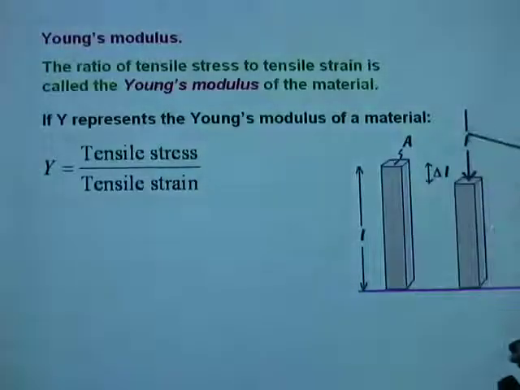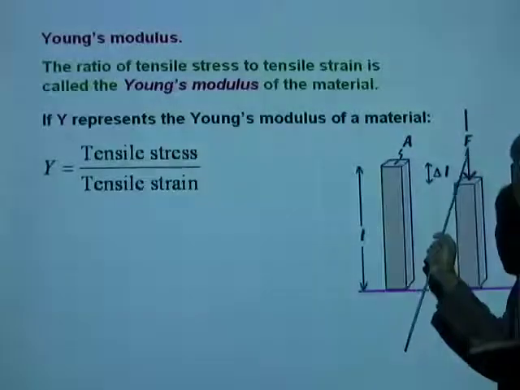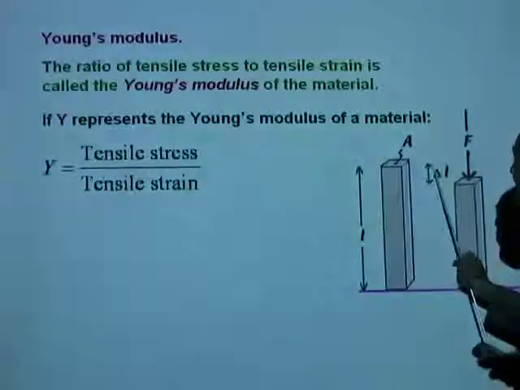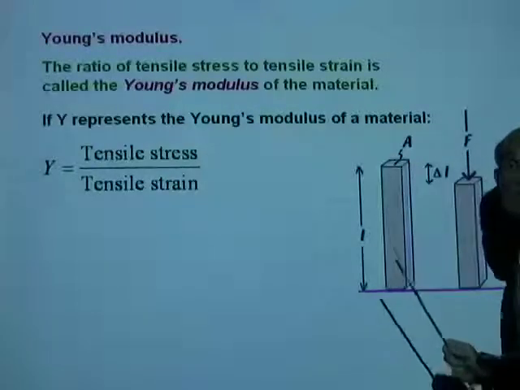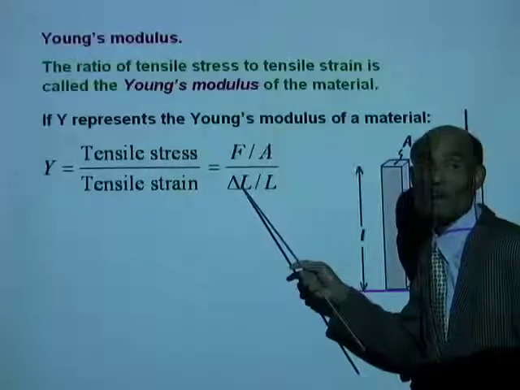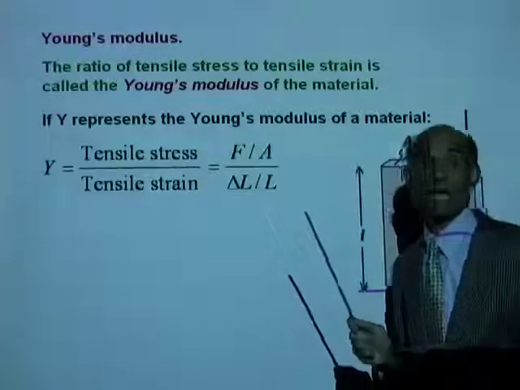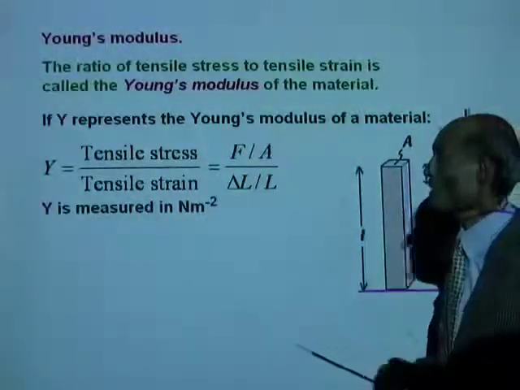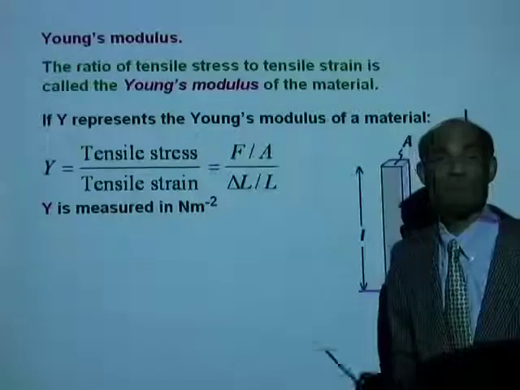And in this case, the tensile stress is F divided by A. A is the area on which the force is acting. So the stress is that force divided by that area, and the strain is delta L divided by the original length. So I can write it as F over A divided by delta L over L, and that is the Young's modulus of elasticity.